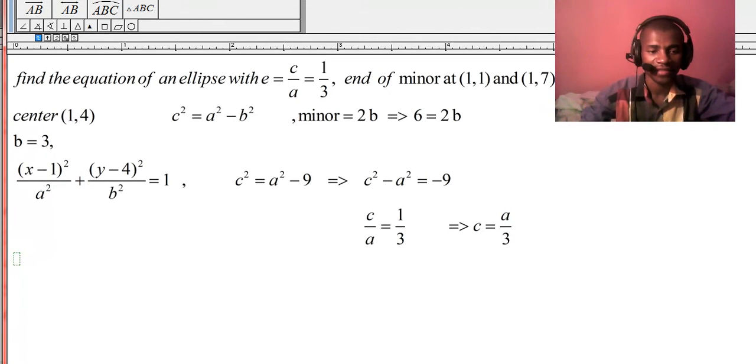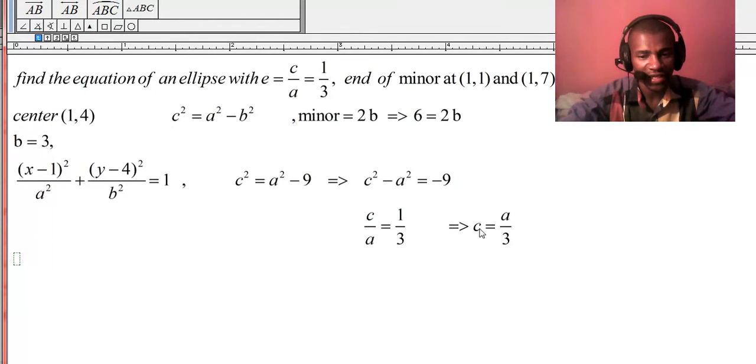Then we'll get C squared, because we are now saying C is equals to A over 3. So whatever in this equation is C, we replace it with A over 3.